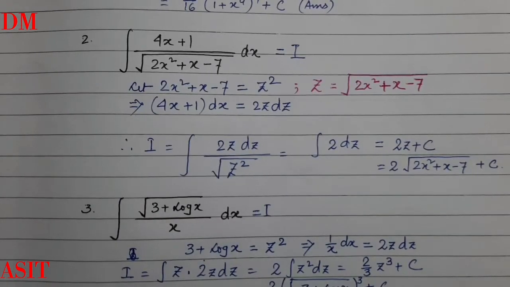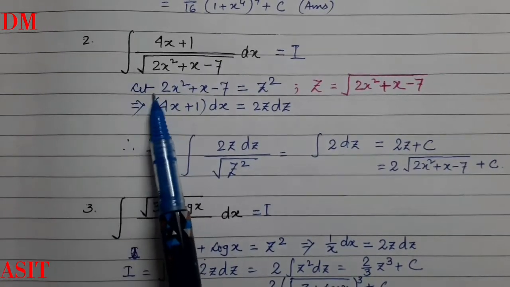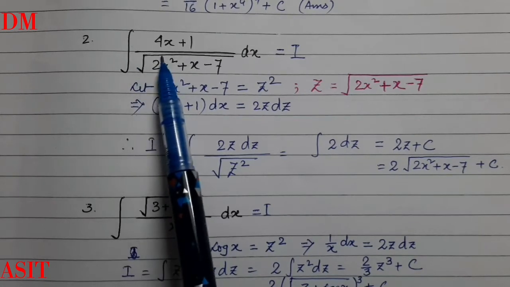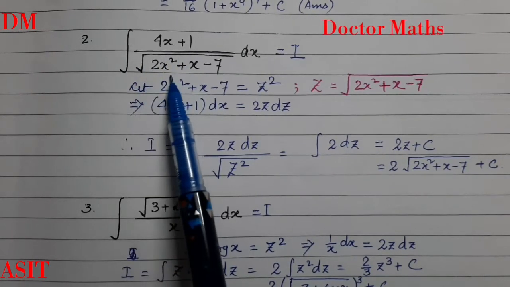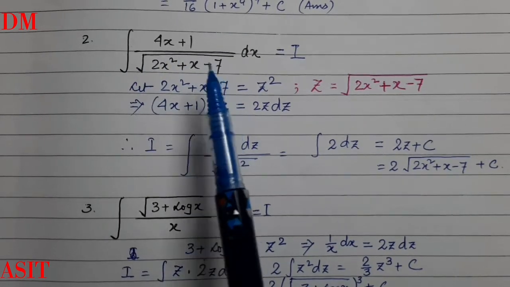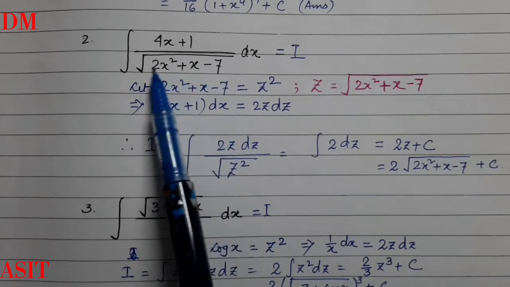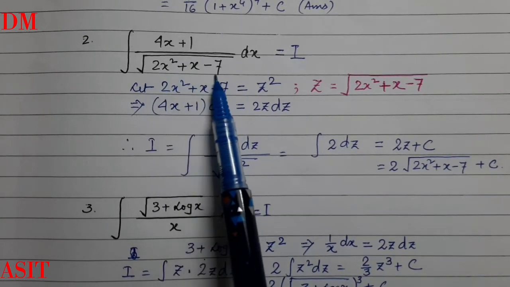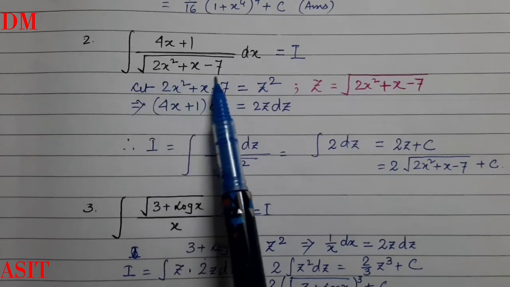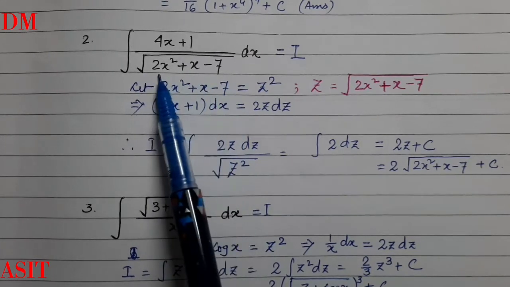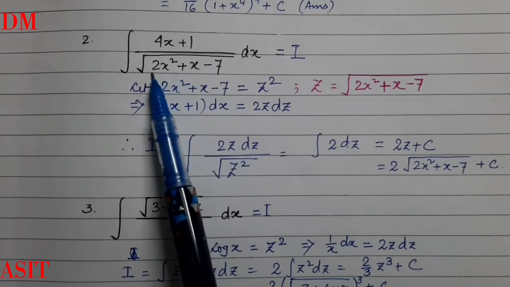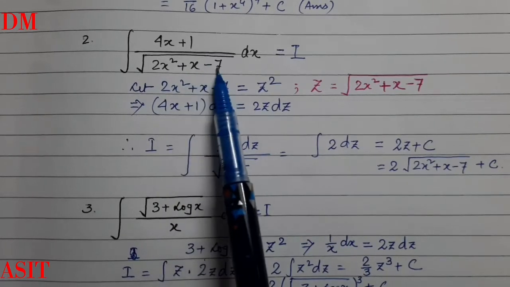Now let's see the second question. The second question is given that (4x plus 1) by root over of 2x square plus x minus 7. You should see that if you take 2x square plus x minus 7 as a whole, the differentiation of that will be 4x plus 1, and the constant is 0.